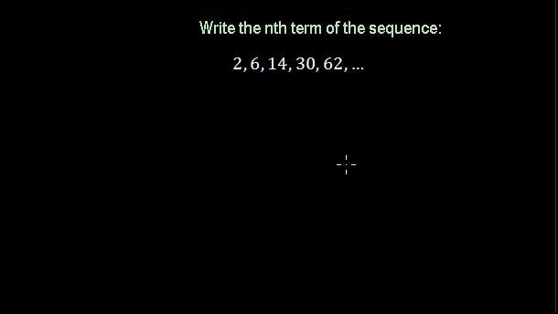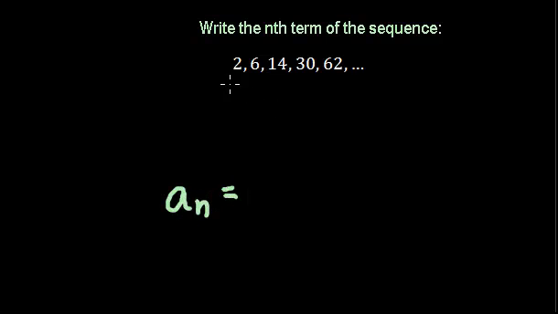On writing the nth term of a sequence, you're once again supposed to fiddle around with it until you can figure out some sort of formula where you can write a sub n equals. Meaning that I really want everything to depend on the first. So what I start doing is looking to see how these numbers relate to the 2.